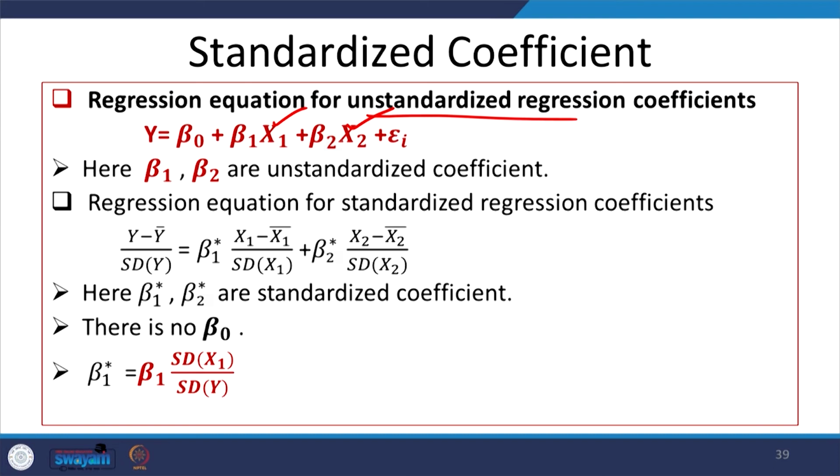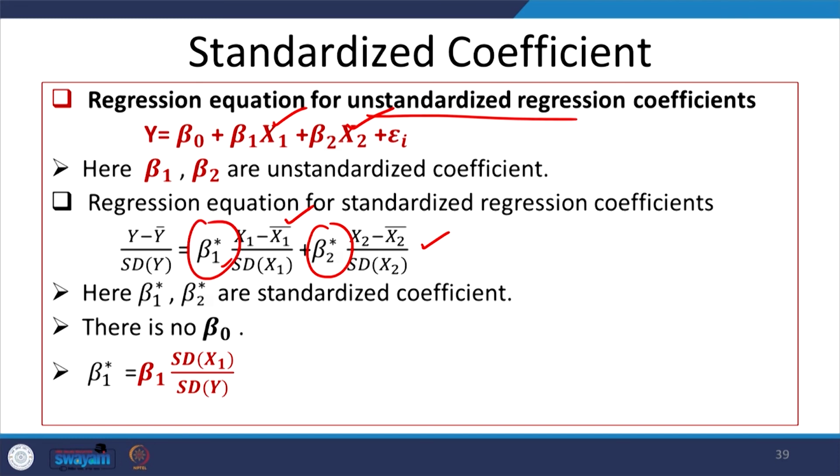In the regression equation for standardized regression coefficients, the variables are standardized: xi is taken minus its mean value, divided by the standard deviation. That means the x1 variable has been standardized, and here the x2 variable has also been standardized. The coefficients we derive, beta 2 star and beta 1 star, are called standardized coefficients.